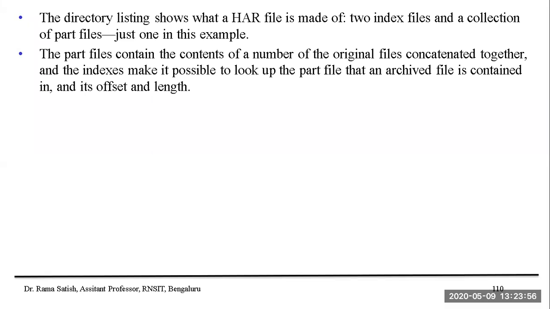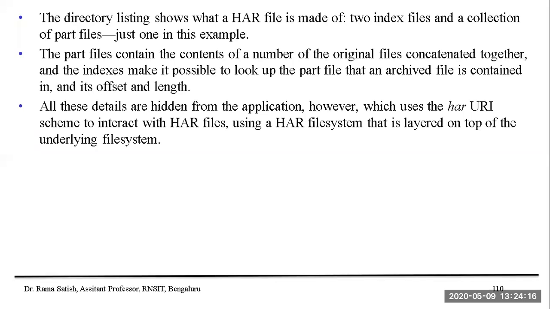Second file, name, length. Third file, name, length. Fourth file, name and length. Fifth file, name and length. So everything is stored in the index file, and the entire part 0 file contains all the files that are packed. Further, all these details are hidden from the application which uses the HAR URI.